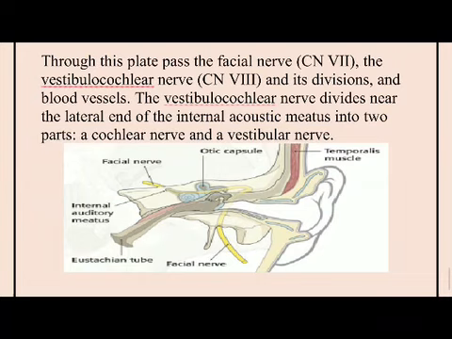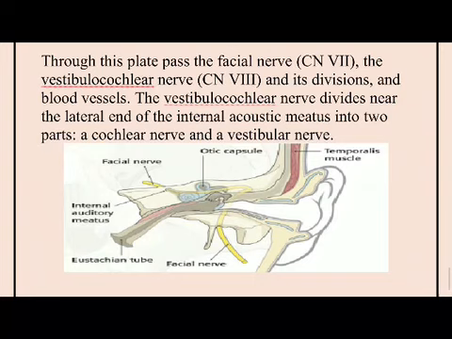Through this plate of bone, you have some nerves passing. You have the facial nerve, that's the 7th cranial nerve, the vestibulocochlear nerve, that's the 8th cranial nerve, and its divisions. You also have blood vessels passing through the perforated plate of bone.